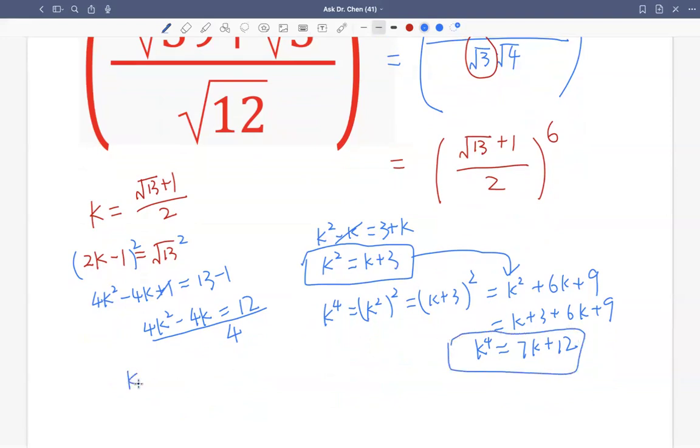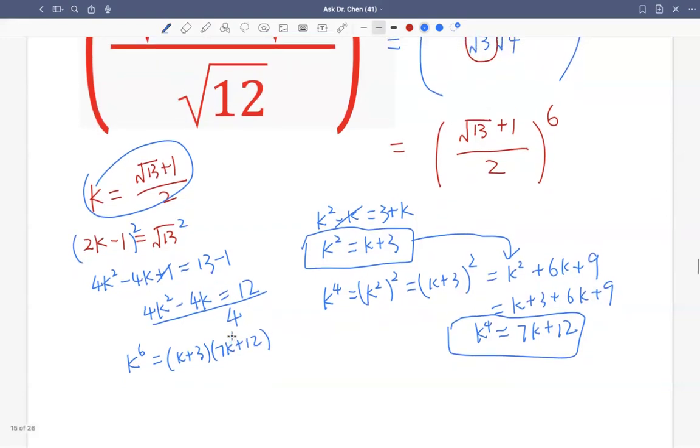So let's do k to the 6th power, right? Means this to the 6th power. So I have k to the 4th power times k squared. The k squared is k plus 3. K to the 4th power is 7k plus 12. Then multiply k with 7k, we get 7k squared.